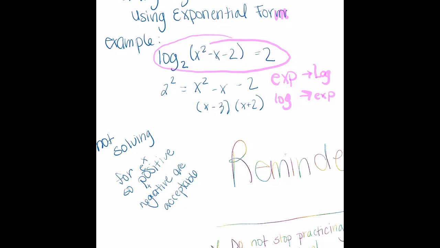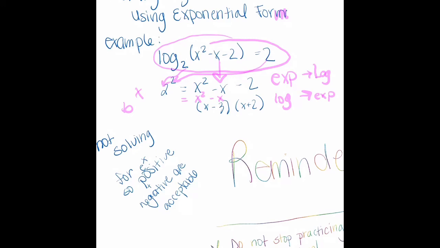Here I've got it's b to the x, so I have my base and my x equal to this. So now I'm able to move that 4 over, so I'm going to rewrite that as x squared minus x.